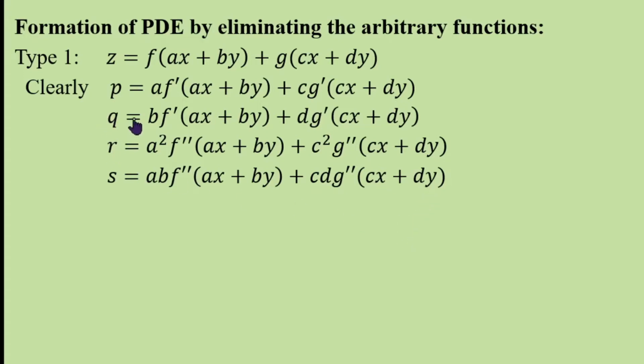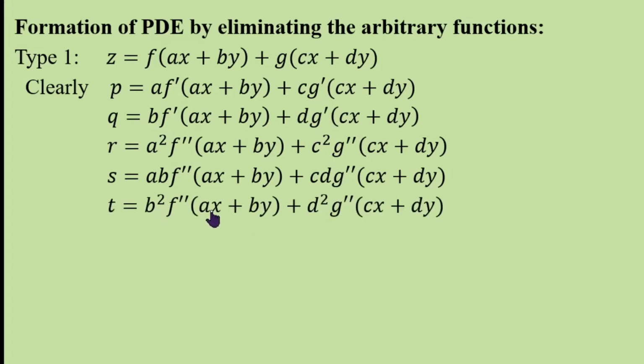And differentiate q partially with respect to y, one more b becomes b square f double dash plus d square g double dash, that is t becomes b square f double dash of ax plus by and d square g double dash of cx plus dy. In short form: a square f double dash plus c square g double dash is r, s is ab f double dash plus cd g double dash, and t is b square f double dash plus d square g double dash.